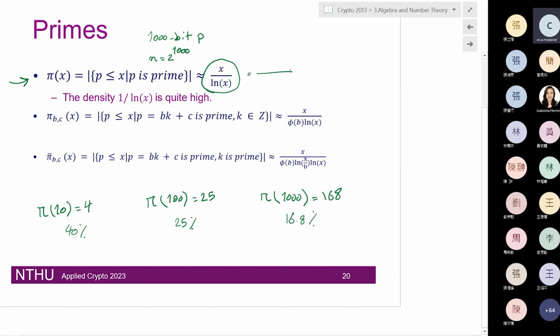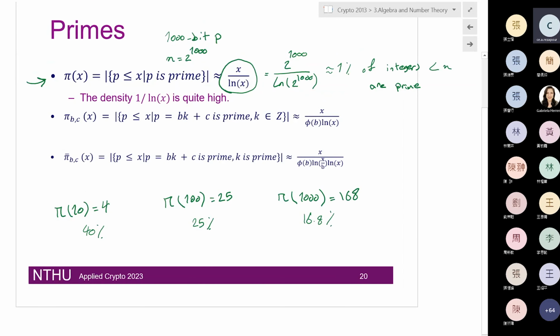If you drop in these values, for example, you choose x to be 2 to the power 1,000, and you compute this equation, ln of 2 to the power 1,000, and do this math, you will find out that 1% of integers that are less than x are primes, right? So this 1% is not that negligible. It's a very good portion of them.